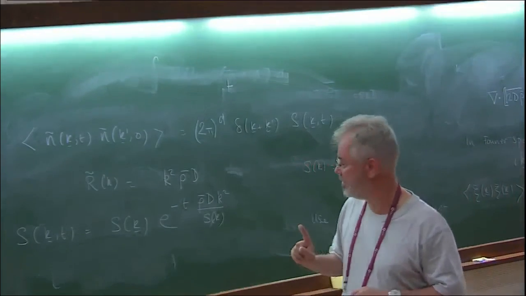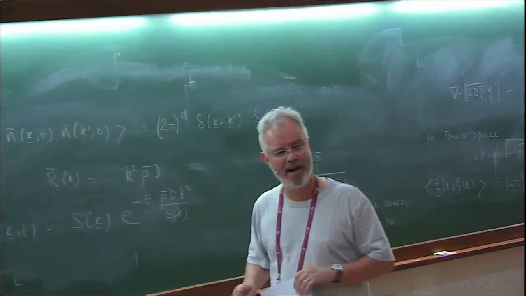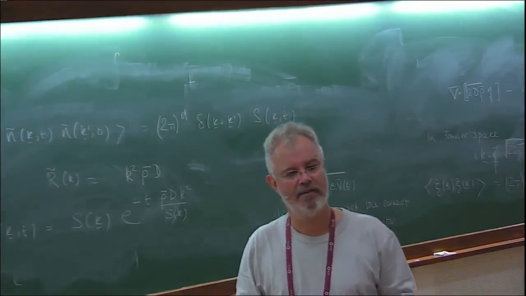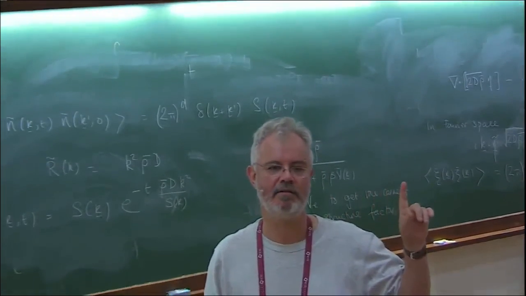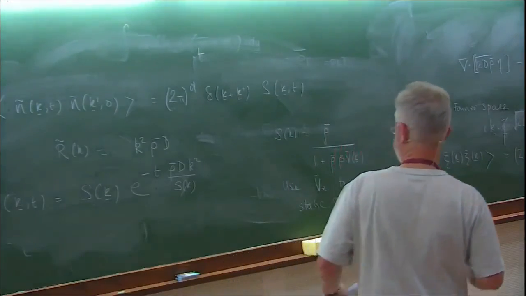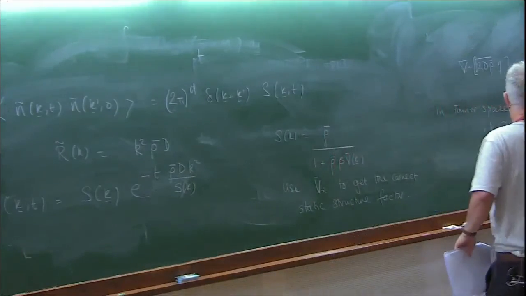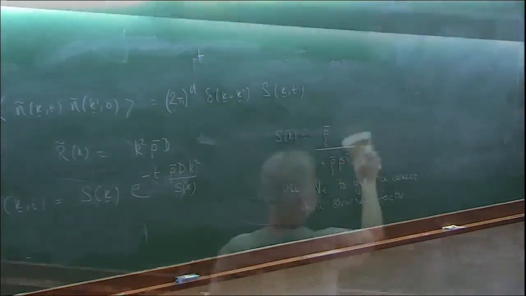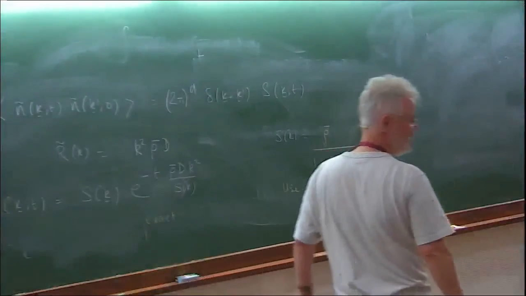And the other thing which is important is that if I look at free Brownian particles, it gives the exact result for free Brownian particles, which is not obvious that it works. If I look at the free case, this is exact for free particles. You think, well, big deal, free particles.